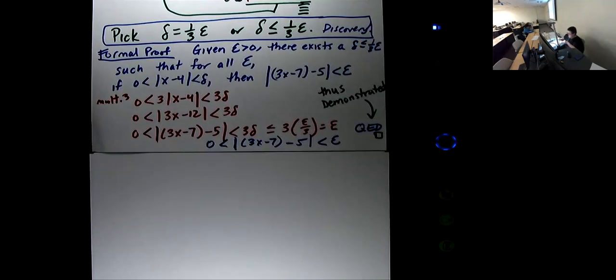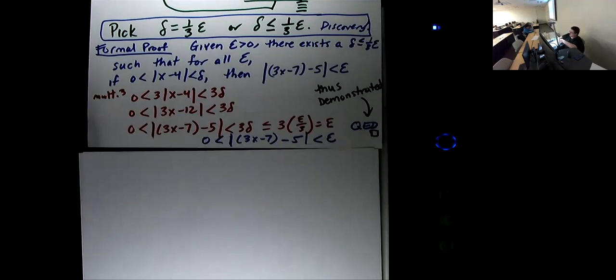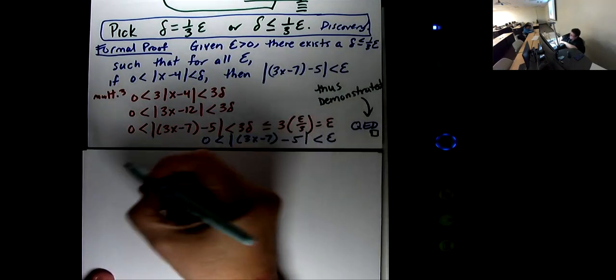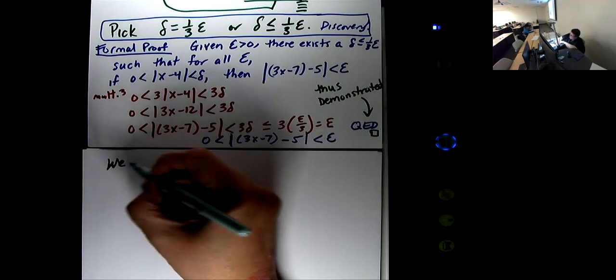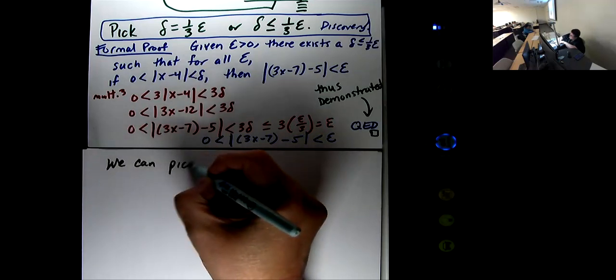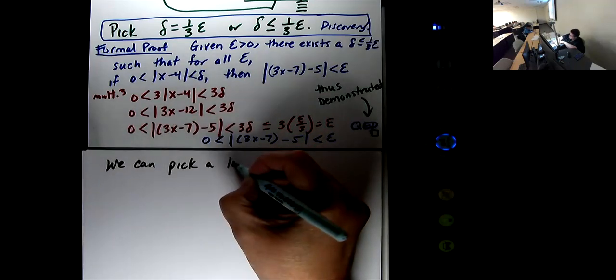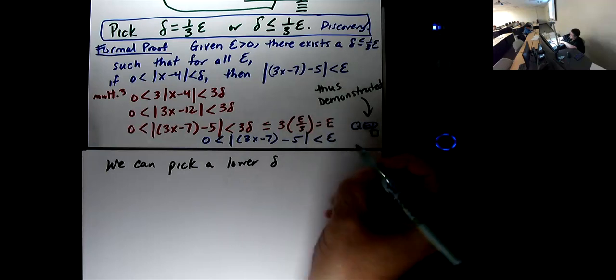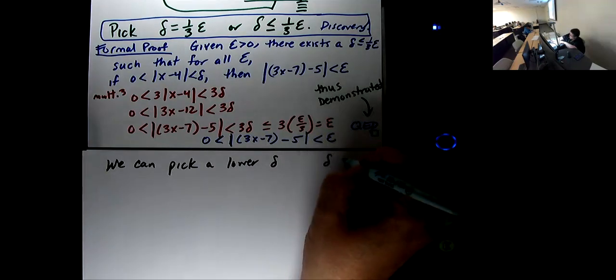It is worth noting that we can pick a lower delta. We had delta less than or equal to epsilon over 3.